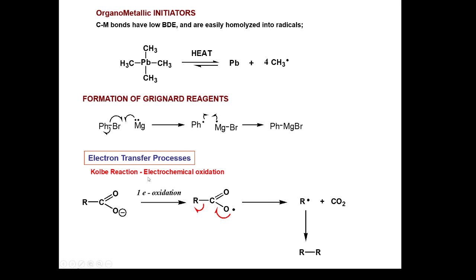Here's another one that's an electrochemical reaction, where you're actually doing a redox reaction in theory, and creating a totally new alkyl system, getting rid of the acyl carbon and the oxygen as CO2.